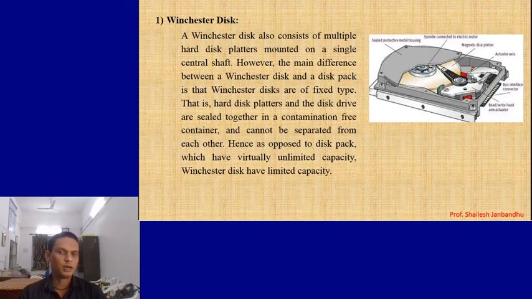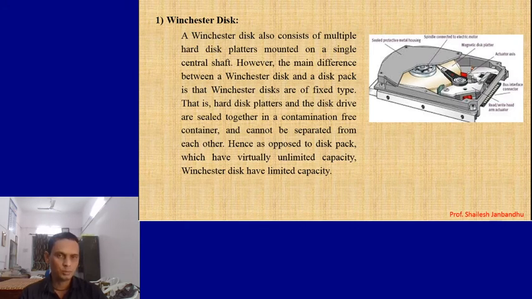The hard disk platters and the disk drive are sealed together in a contamination-free container and cannot be separated from each other. Hence, as opposed to disk packs which have virtually unlimited capacity, Winchester Discs have a limited capacity.